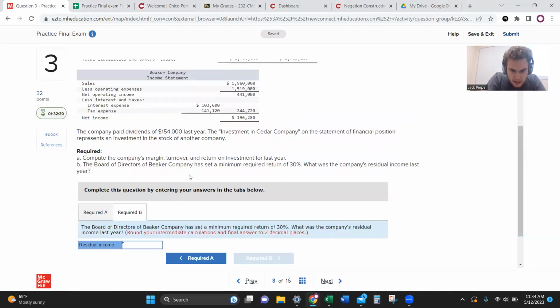And they have a minimum rate of return of 30%. So we'll do our average operating assets times 0.3.